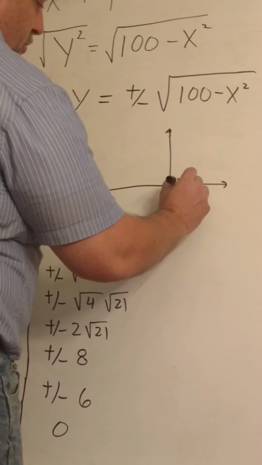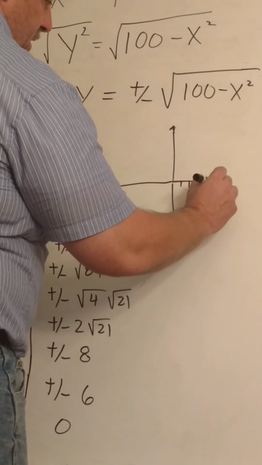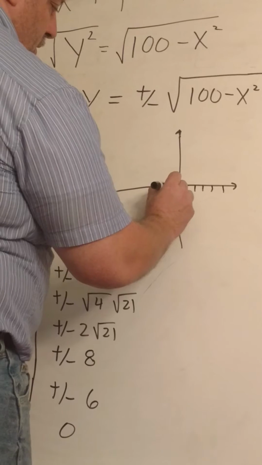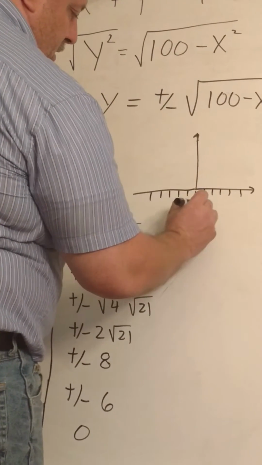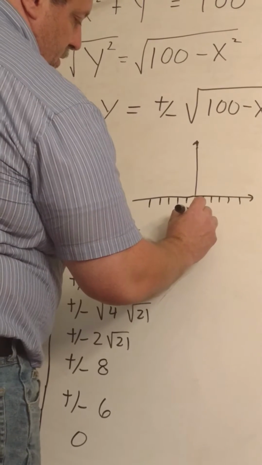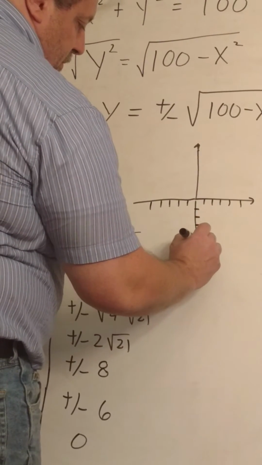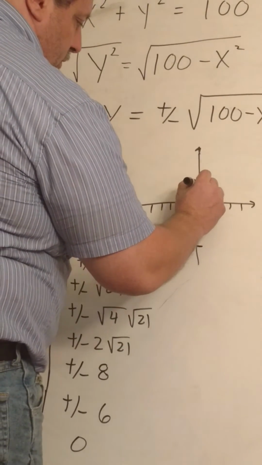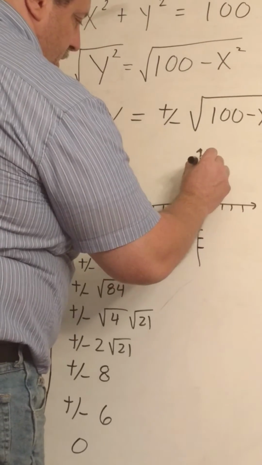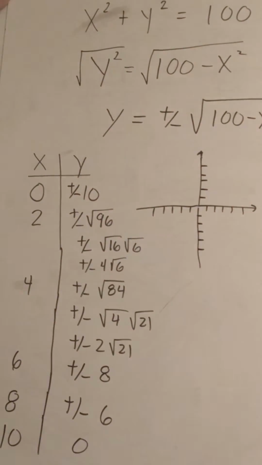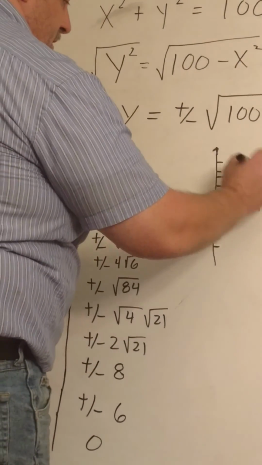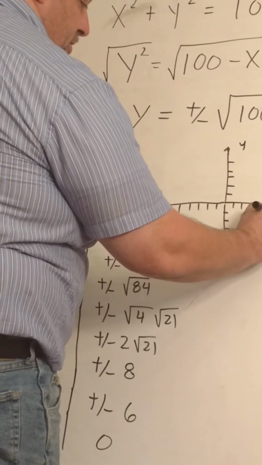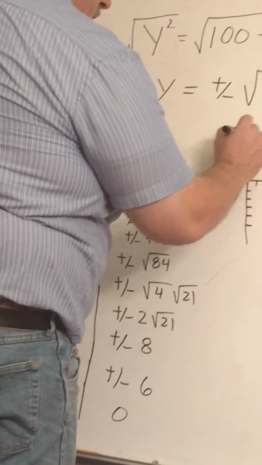So 2, 4, 6, 8, 10 on each axis. This is x and this is y, and I did these by 2.